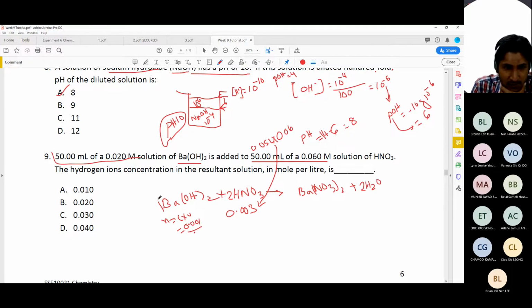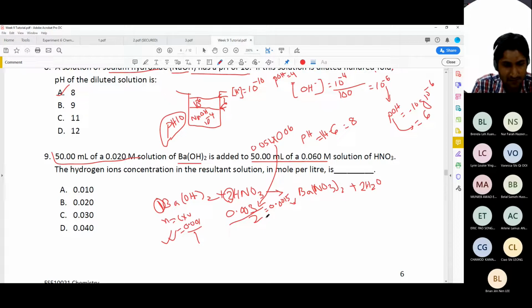We divide by the coefficient. 1 for barium hydroxide and 2 for nitric acid. So we divide by 2 and we find that it is 0.0015. Since 0.0015 is higher than 0.001, barium hydroxide is the limiting reactant.